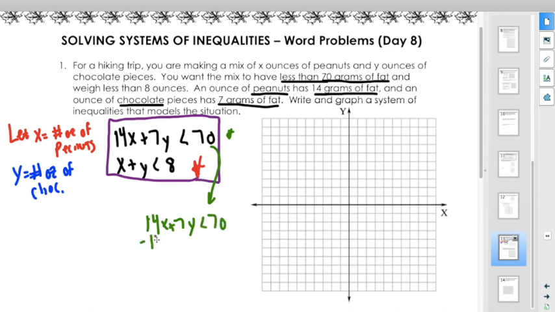Getting Y by itself, subtract 14X from both sides. That cancels out. I'm left with 7Y is less than negative 14X plus 70. Divide by 7 on both sides. Cancels out. So Y is less than negative 2X plus 10.